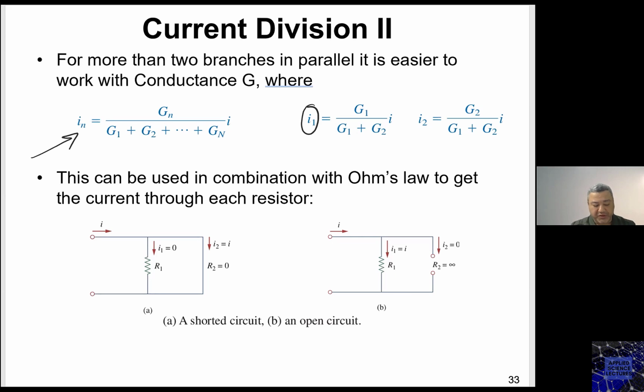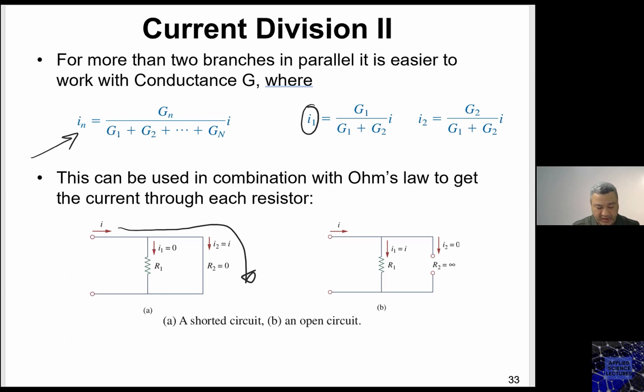Now let's look at those two special cases where we have two resistors. One of them is a short circuit, the other one is an open circuit. When it's a short circuit, we know that all the current is going to go through this path. No current is going to go through any other resistors in parallel. So this is to keep in mind.